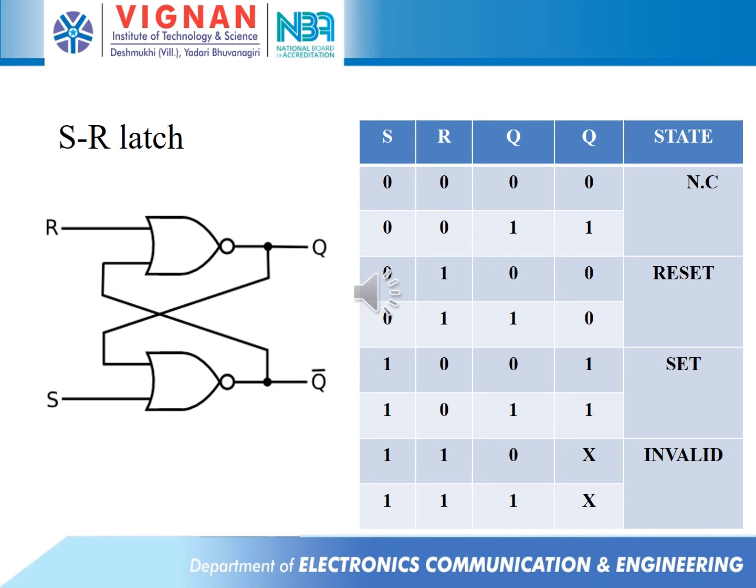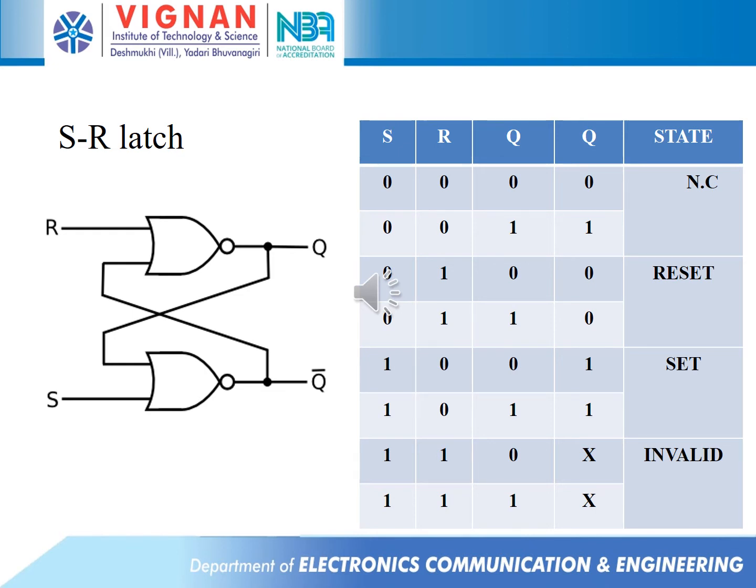The combination of 1 and 1 is invalid because we are not getting the complementary outputs. Q and Q-bar are not complementary outputs for this set of inputs, which is contradictory to the definition of the latch.